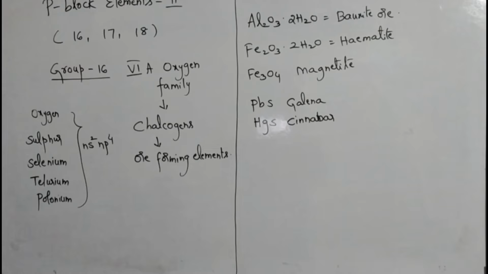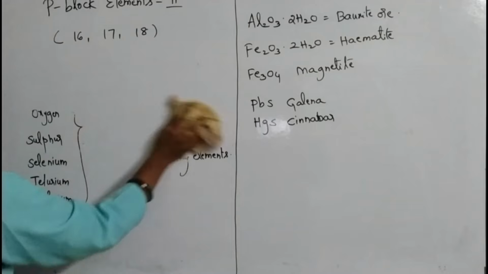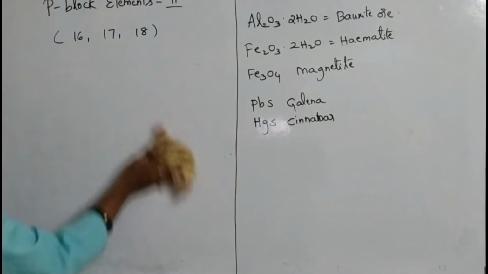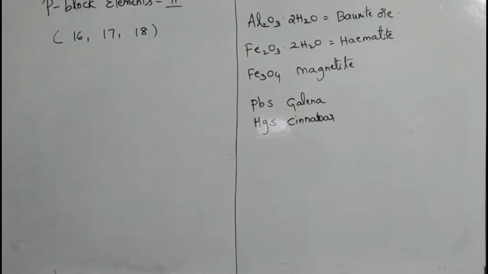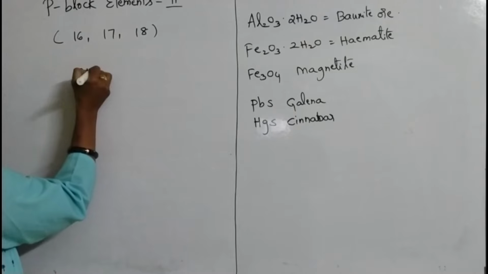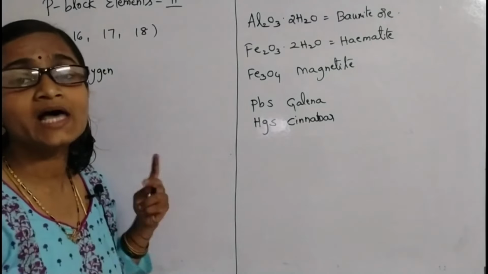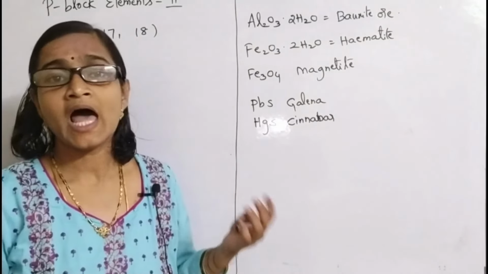So let us learn about the general physical and chemical properties of 6A group elements. Mainly, the occurrence. You all know the first element of 6A group is oxygen. Oxygen is a very essential element for human beings. Oxygen is the most abundant element, in the earth's crust and in the atmosphere.